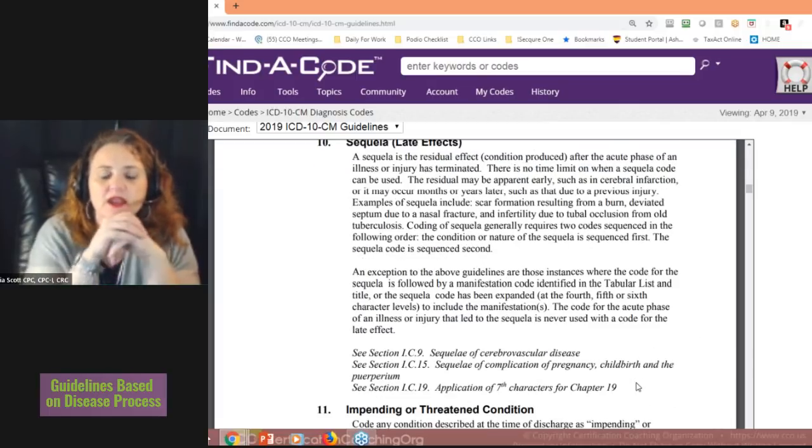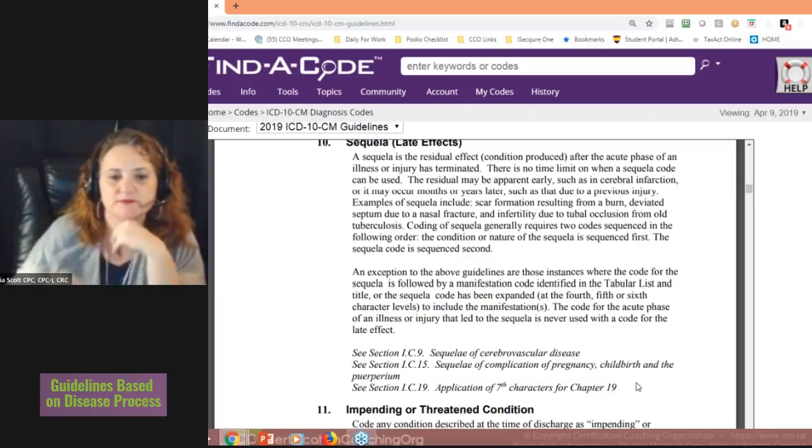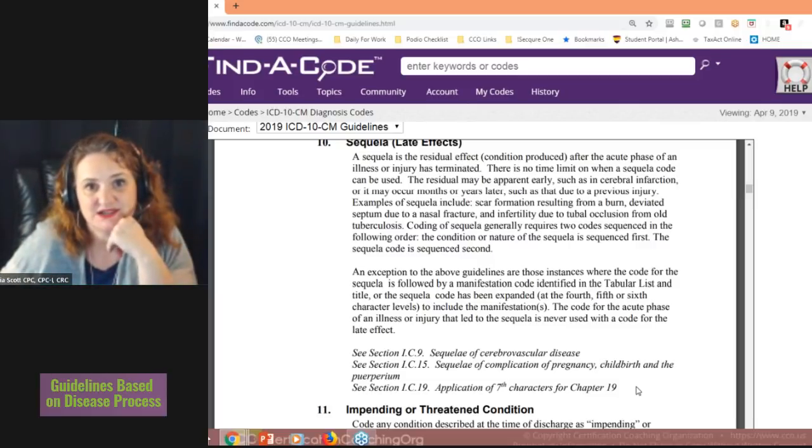So can a sequela be listed first? If the patient's being treated for the sequela, yes, but it's a sequela code, meaning it ends in an S usually, okay? Because of the disease process. It's a late effect of something that happened.